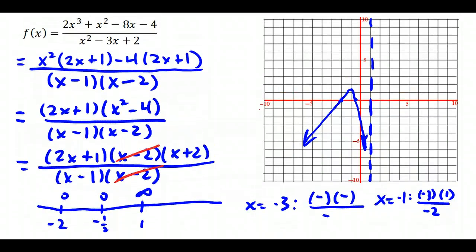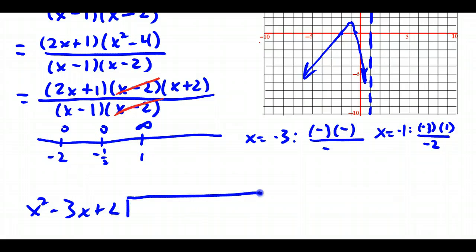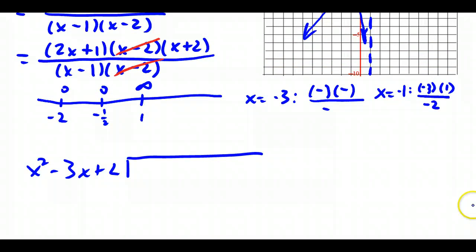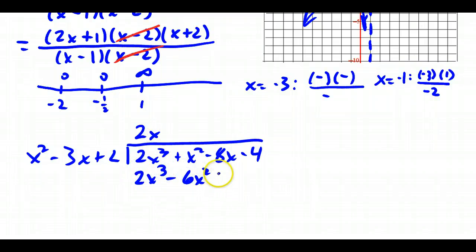Okay, so I'm going to go x squared minus 3x plus 2 into 2x cubed plus x squared minus 8x minus 4. I think that's what it is. Yeah. Okay, so I've got a 2x right here, which gives me 2x cubed minus 6x squared plus 4x.